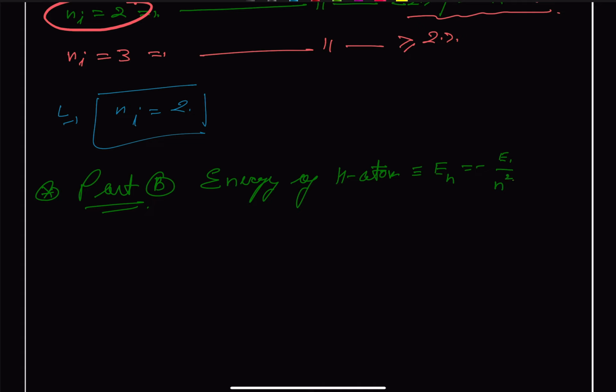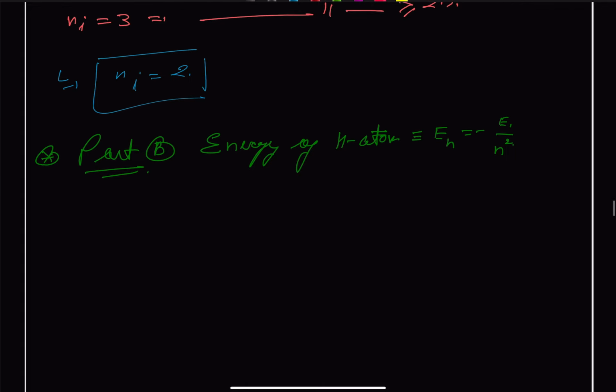Here E1 is the ionization energy, which means removing an electron from the ground level. The absorption is said to be 2.7 electron volt, and we already wrote the equation that ENF minus ENI is equal to 2.7 electron volt, and we have found that NF is equal to 4 and Ni is equal to 2.